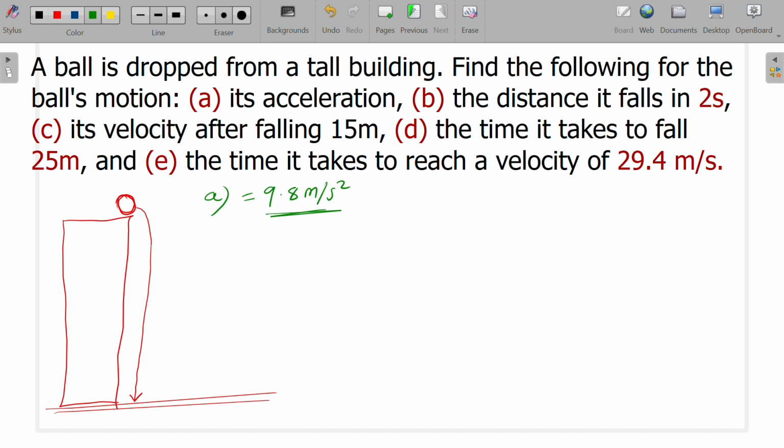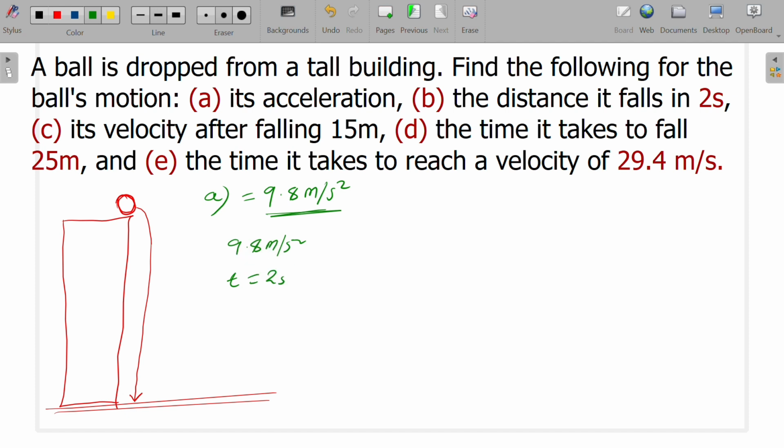Then B is saying the distance it falls in 2 seconds. We have acceleration due to gravity, which is 9.8 meters per second squared, and we have time given to be 2 seconds. So this is the information we need to use to calculate the distance it will fall in 2 seconds.